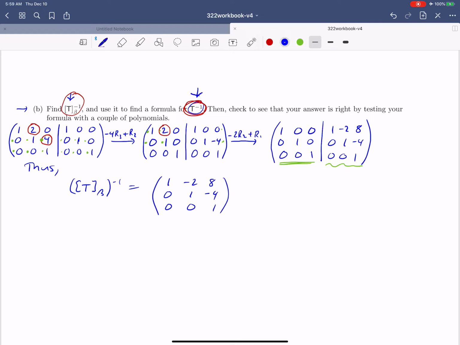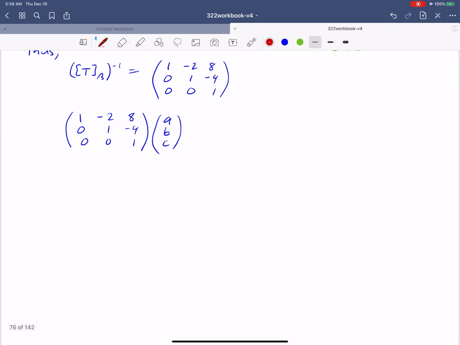So what we will do is take this inverse that we just found and multiply it by a generic set of coordinates, A, B, C. Remind ourselves how we're thinking about those coordinates. Those represent beta coordinates of an input, some polynomial that we're plugging in.